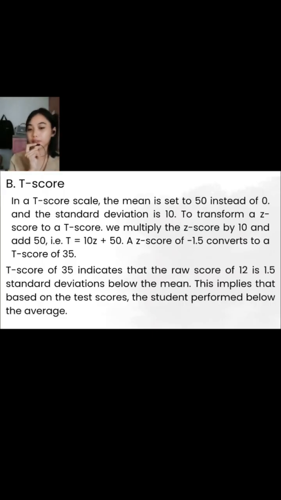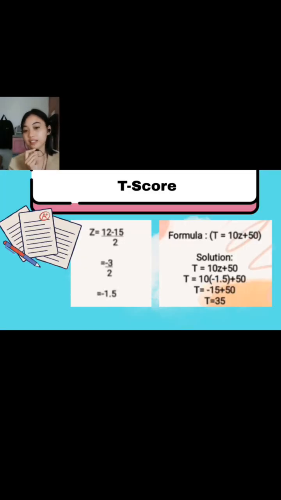So earlier, we've been discussing the z-score. We're going to use the z-score to get the t-score. I'm going to show you the formula below. So t equals 10 multiplied by our negative 1.5 z-score that we solved earlier, plus 50.